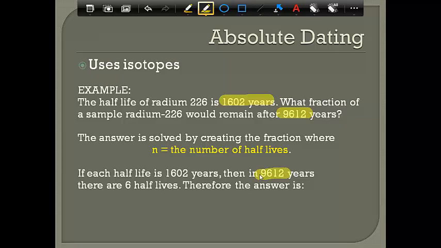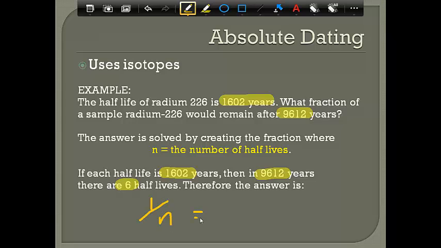So 9,612 divided by 1,602 ends up being 6. So that means in 9,612 years, we've gone through 6 half-lives of this radium. So how much radium is left from the original radium that we started with is 1 over n. 1 over n equals 1/6.